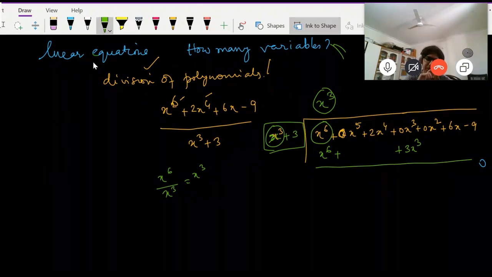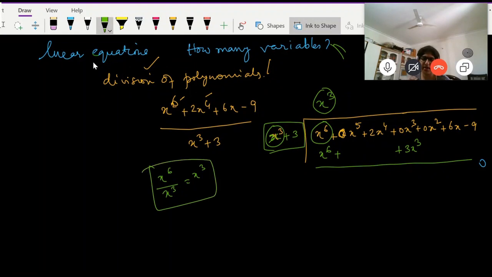Sir, it'll be x raised to the power 2. Which one? The first one, because if we multiply the whole equation, it'll become... No. I know it's 6. We take 6 minus 3, is 3.